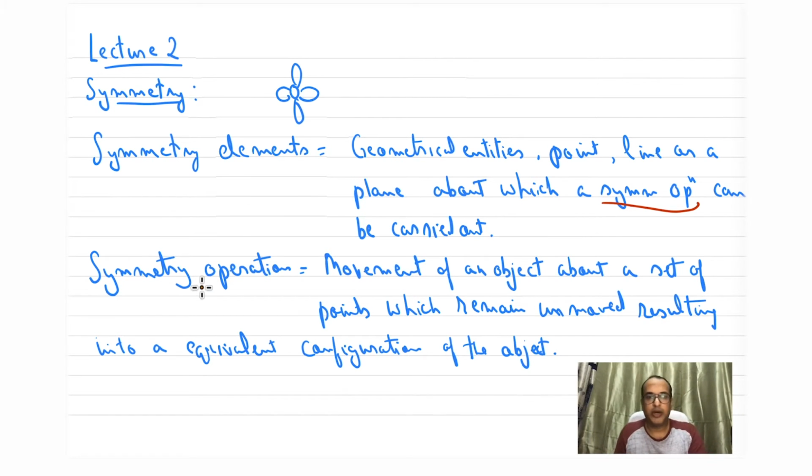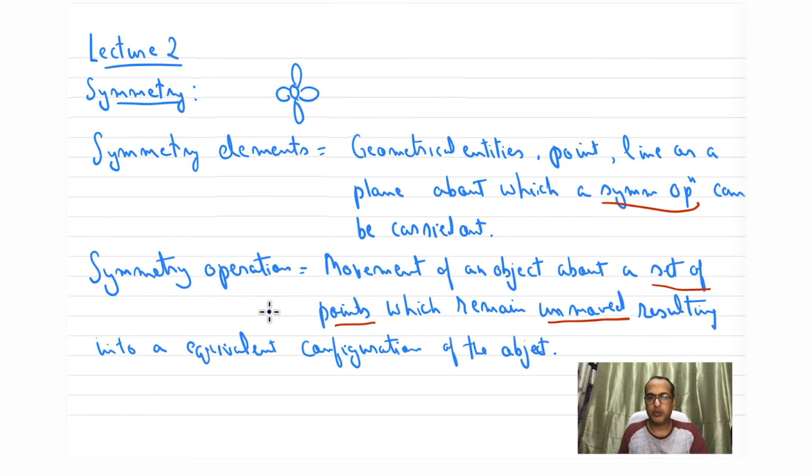So what is a symmetry operation? A symmetry operation is movement of an object about a set of points. Now, what are these set of points? A set of points which remain unmoved. Since these remain unmoved during the movement of an object, these are called symmetry elements.